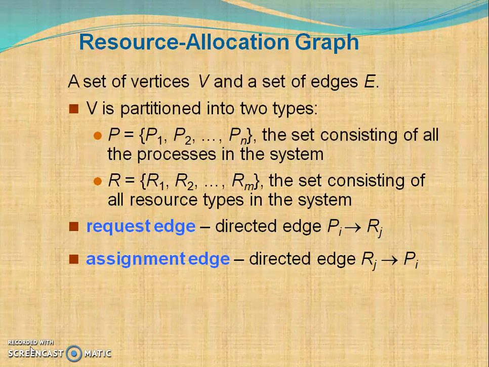The resource allocation graph consists of two kinds of edges, namely request edge and assignment edge. Request edge is the directed edge from process to resource, that is from Pi to Rj, and assignment edge is the directed edge from the resource to process, that is Rj to Pi.